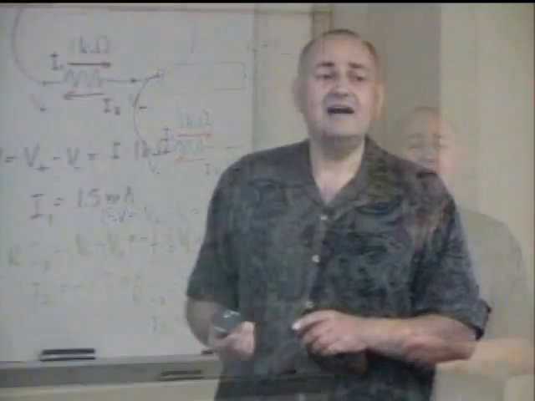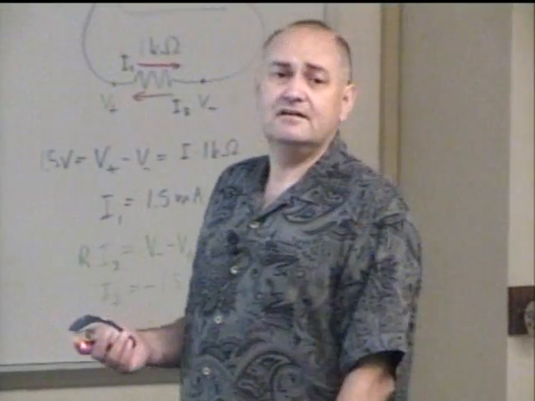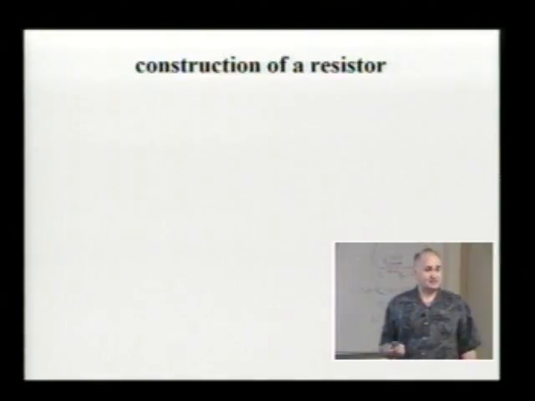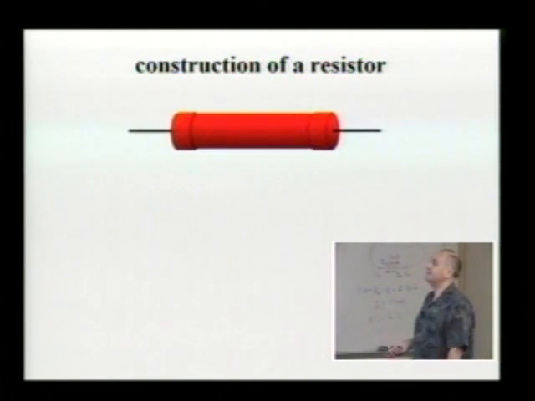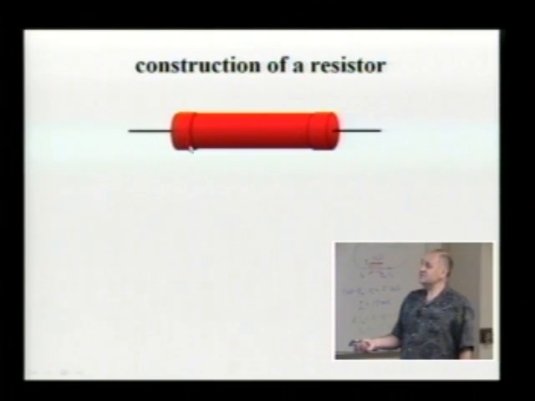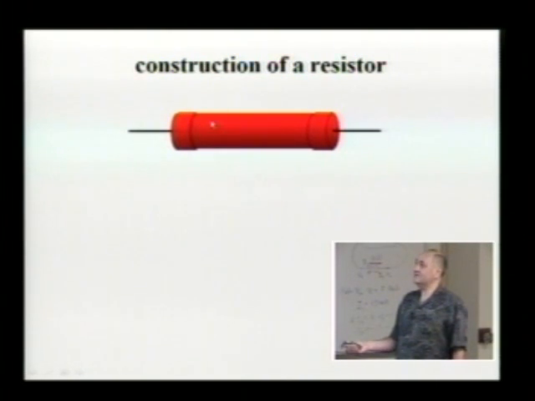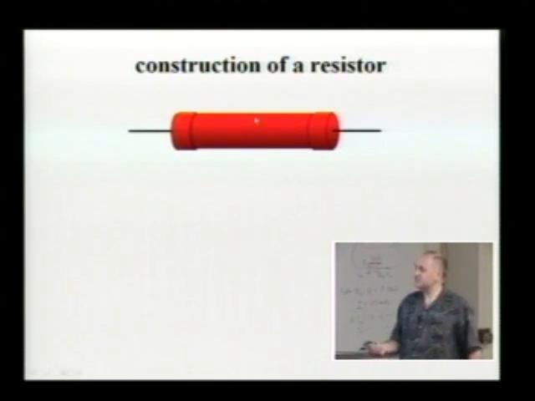All right, let's see how a resistor is constructed. We just have to take a thick wire of a substance, or a cylinder of a substance, and this will make a resistor.